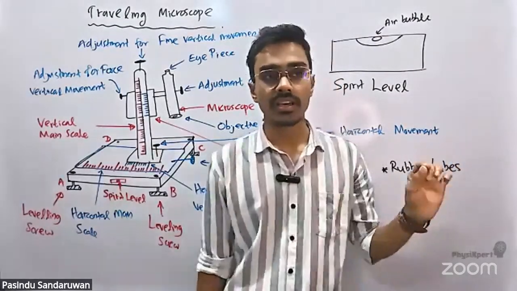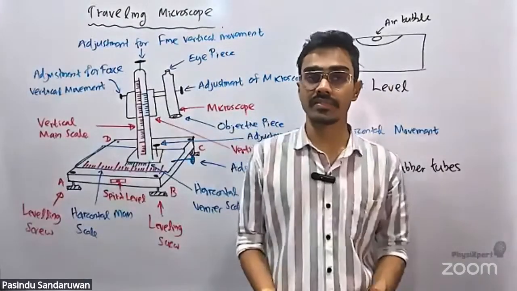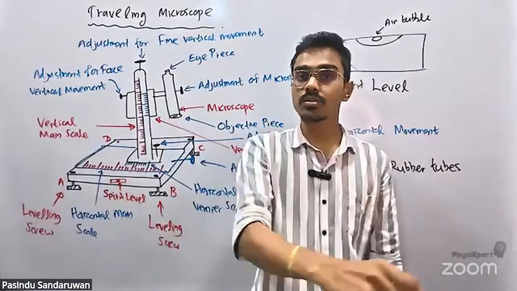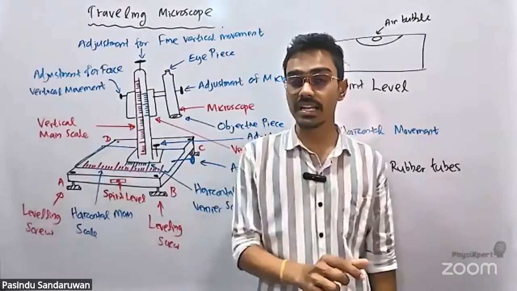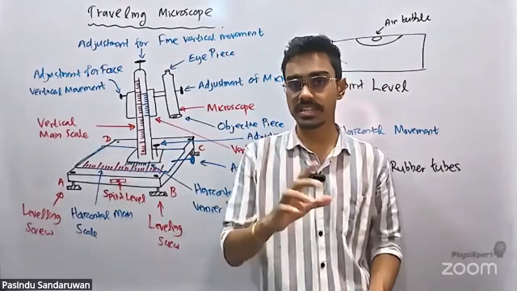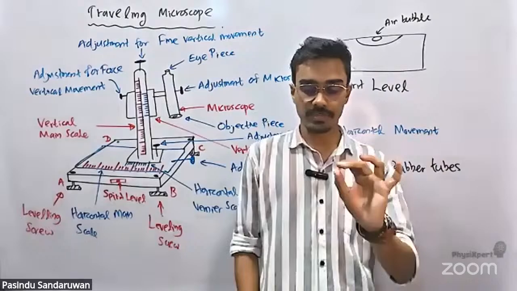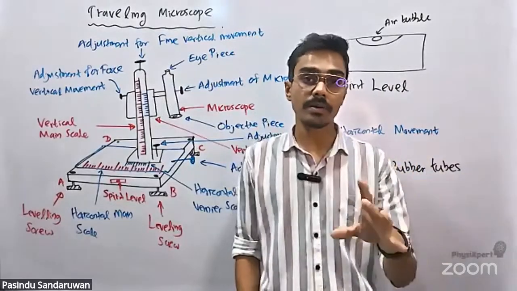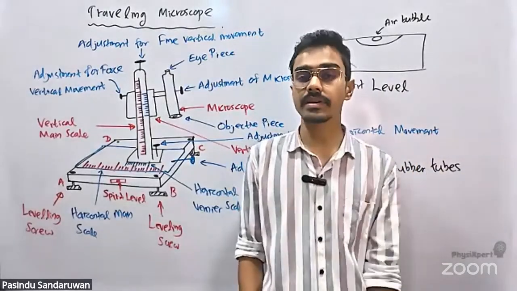That is why this is designed in such a way that we don't need to keep the object tightly between any two points to measure it. So this is especially used to measure diameters of rubber tubes.